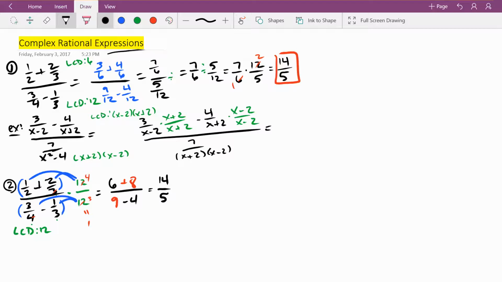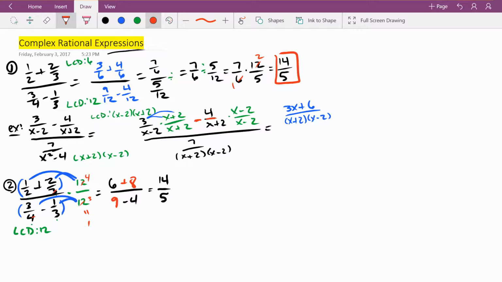Working with the numerator, let's take this 3 times x plus 2, so we have 3x plus 6 over x plus 2, x minus 2. Minus, I'm going to take this minus 4.